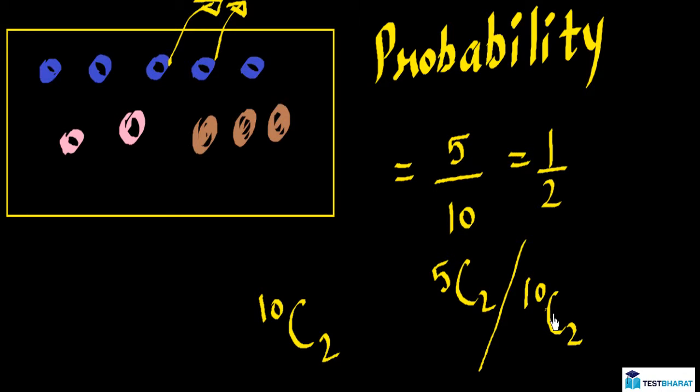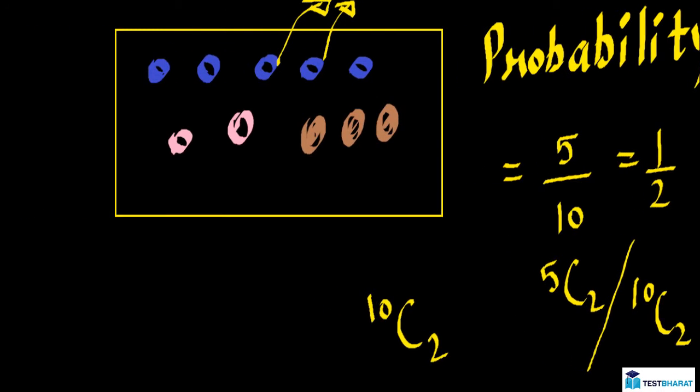When I draw 2 marbles, this is the total possibilities, and this is the possibility of getting blue marbles. So that is the probability. We will use this concept here.